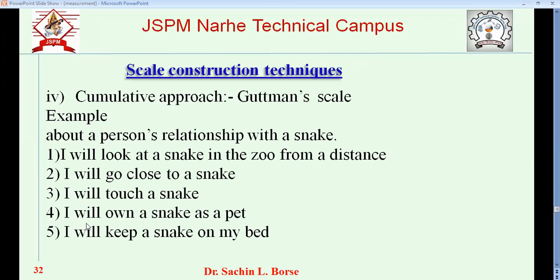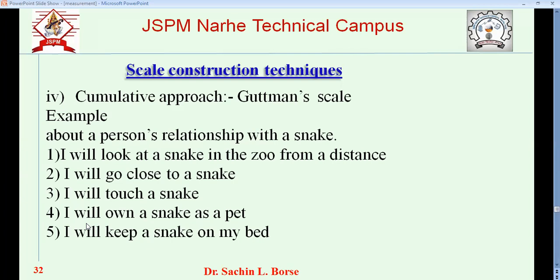Okay. So this scale is very appropriately created. If you answer any question, like if I answer question number 3 as correct, I will touch a snake, what does it mean? When you want to touch the snake, you need to go near to the snake.